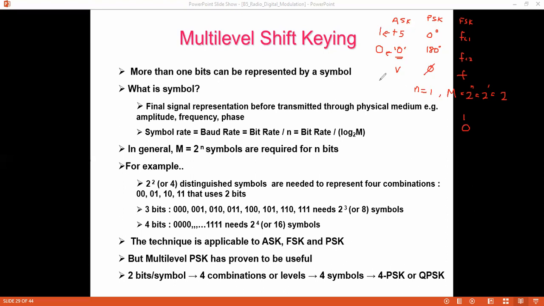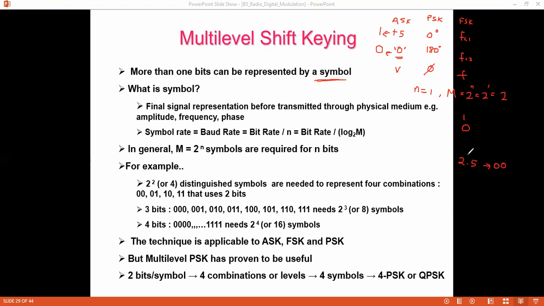So actually, in order to make our system more bandwidth efficient, we can let each symbol represent more than 1 bit. Okay, so this is what is meant by multi-level shift keying. A specific value of voltage, for example, let's say 2.5, can be used to represent, instead of 1 or 0, the bits 0, 0, for example.